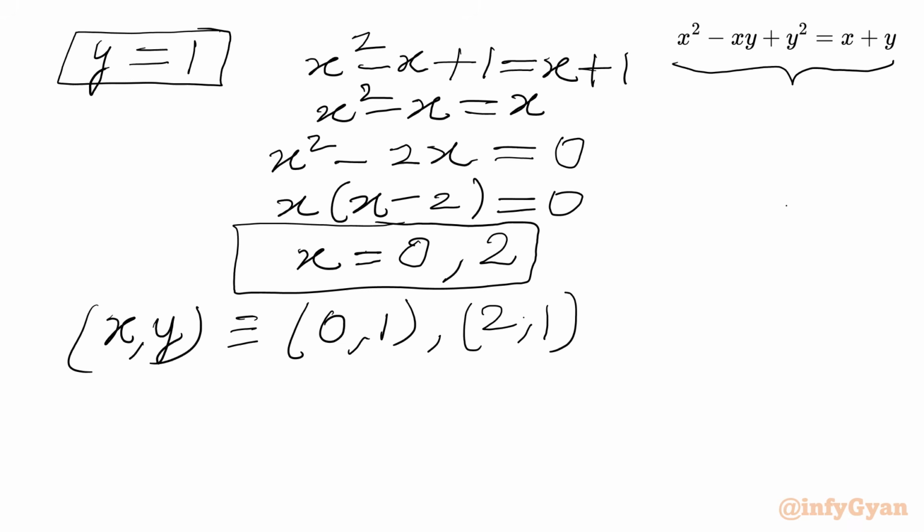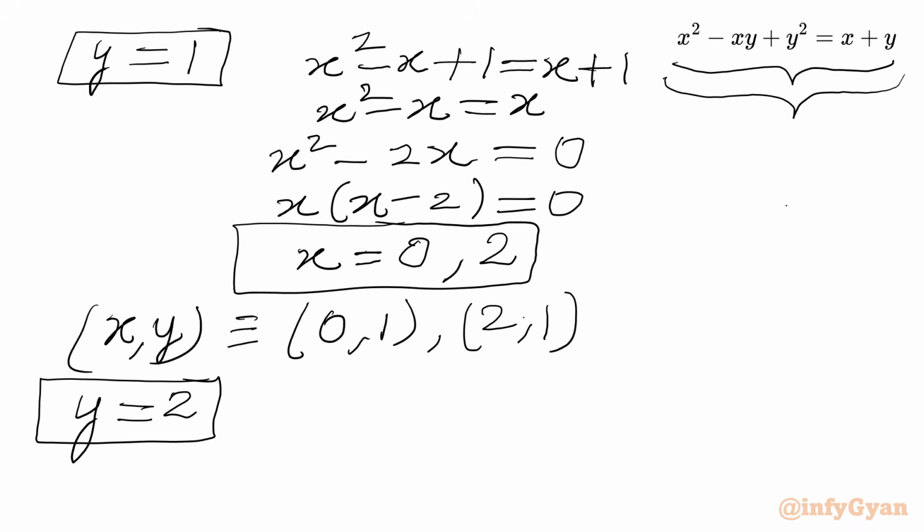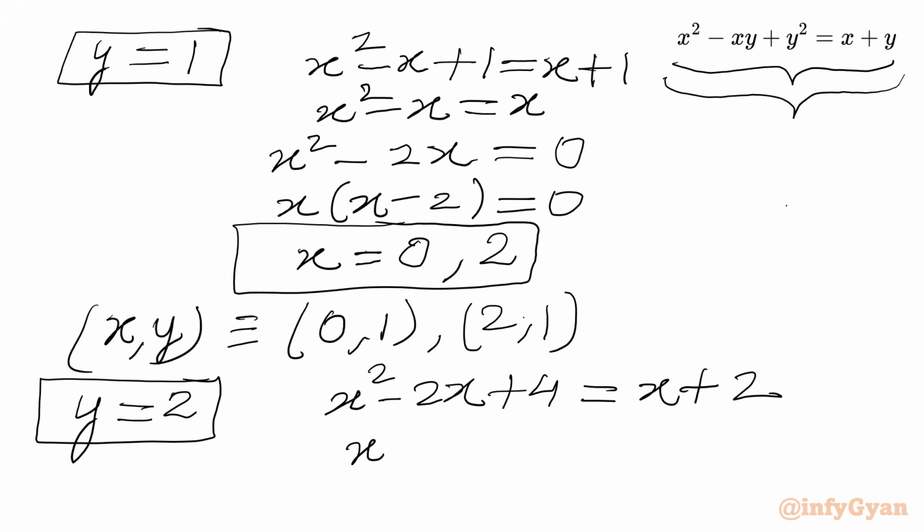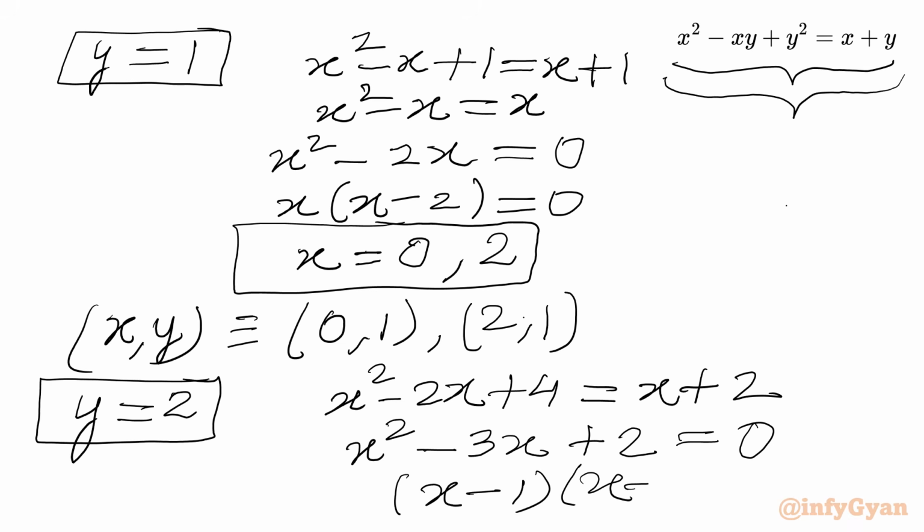Now we have the third y value. It is y equal to 2. The equation is here. We will plug in y equal to 2. We will get x square minus 2x plus 4 in LHS and x plus 2 in RHS. We'll take all the terms to LHS and get x square minus 3x plus 2 equal to 0, which we can factorize easily. x minus 1 times x minus 2 equal to 0.